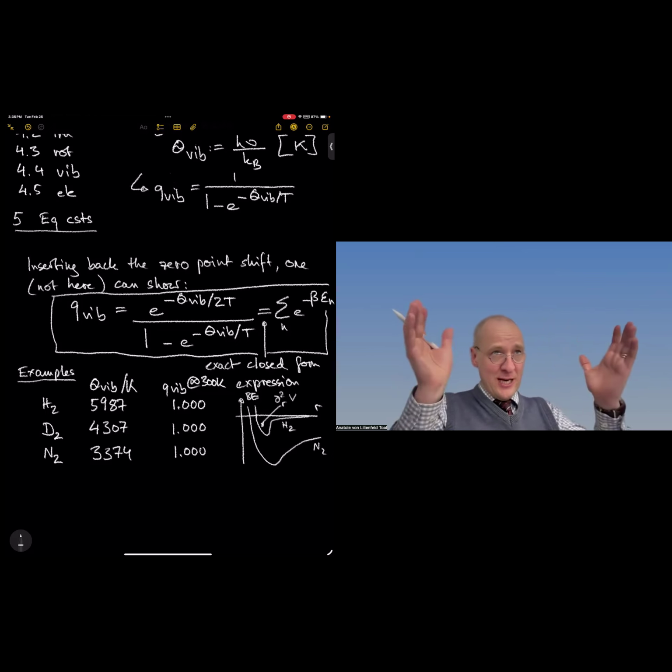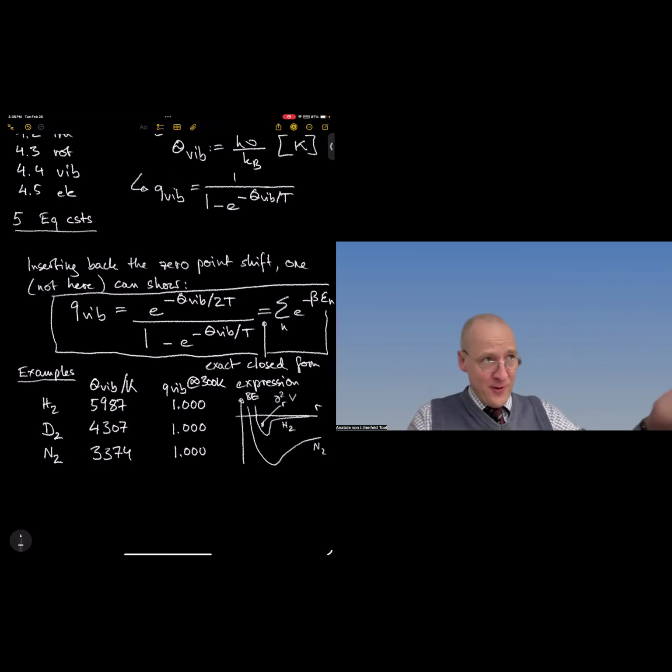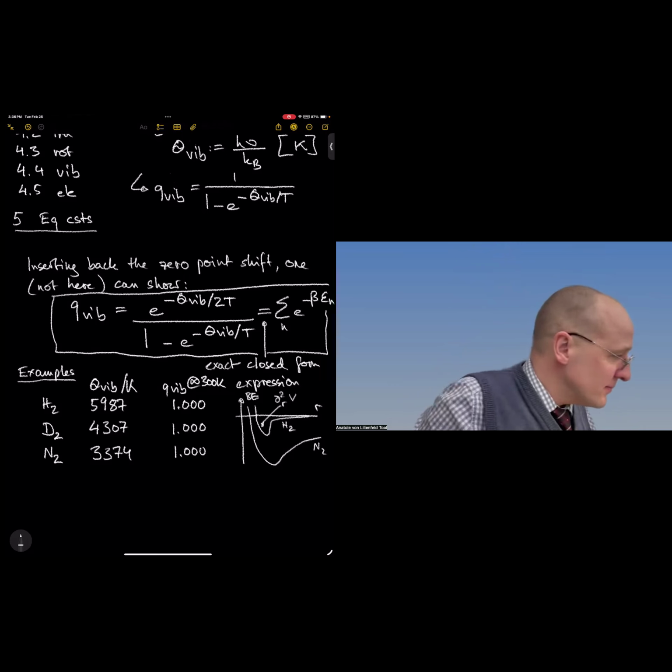If you have a quadratic potential, you differentiate it twice, all you're left with is the force constant. So the force constant is the second order derivative, which is nothing else than the curvature. So if you have a stiff binding potential, the curvature is really high, the frequency will be very high. It does not mean that the well depth is large, right? It can be a bond that's very weak, and it can still vibrate much faster.